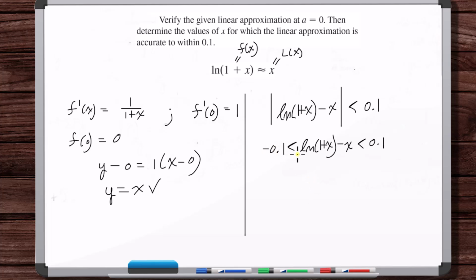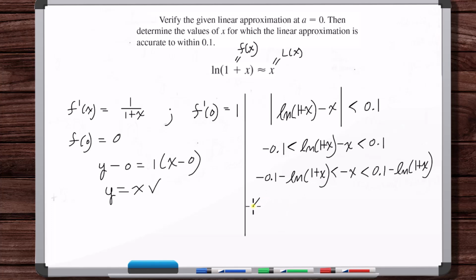Okay, so let's subtract this entire equation by the natural log of 1 plus x. Now let's multiply this entire inequality by -1. So we'll need to flip the inequality signs. So we'll bring this over to the first spot.